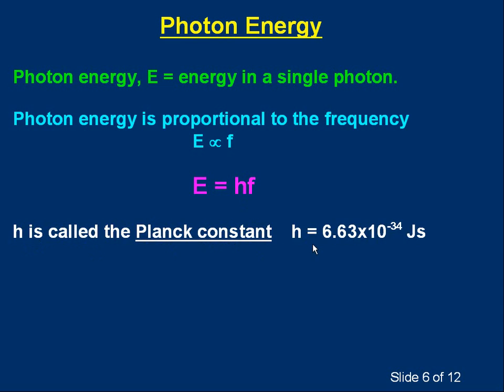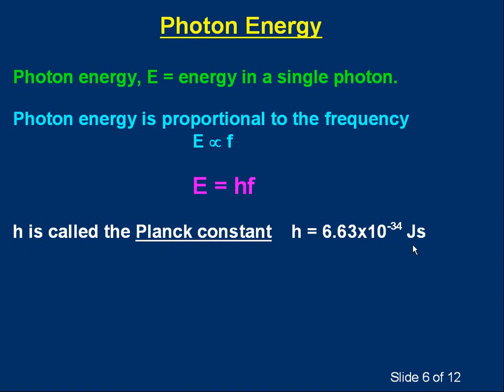Its value, it's a universal constant, like the speed of light is a universal constant. h is 6.63 times 10 to the minus 34 joule seconds approximately. Things to note, it's a very small number. 10 to the minus 34 makes it very, very small. The other thing to note is the units.